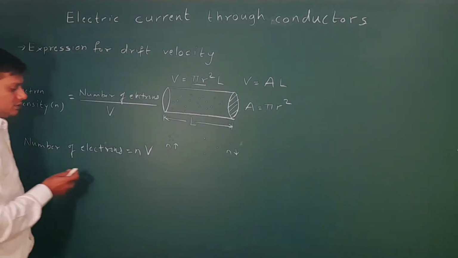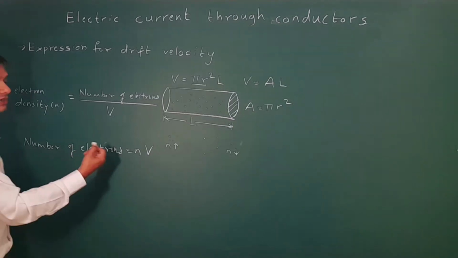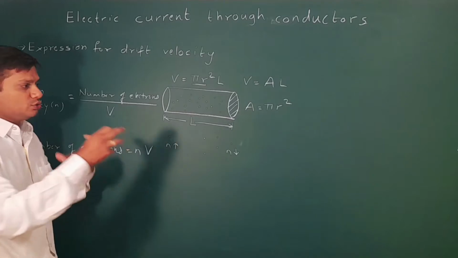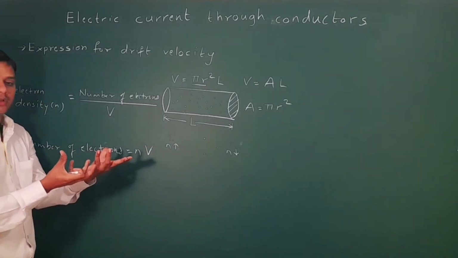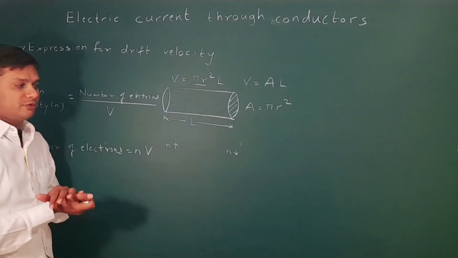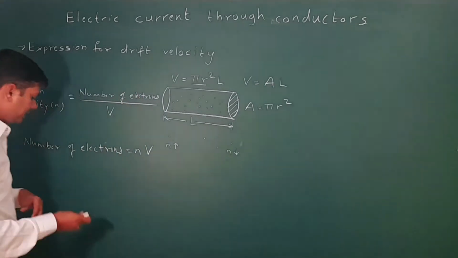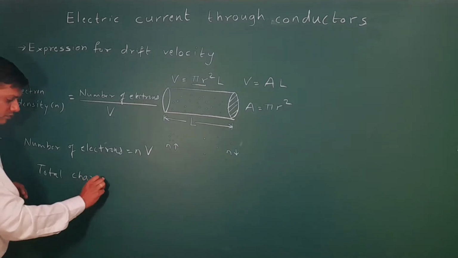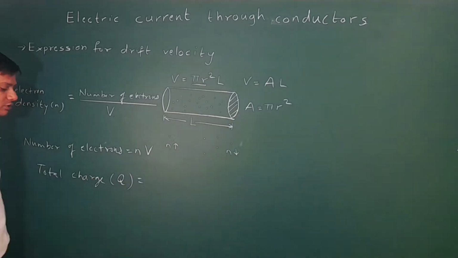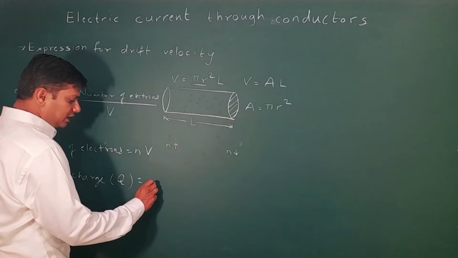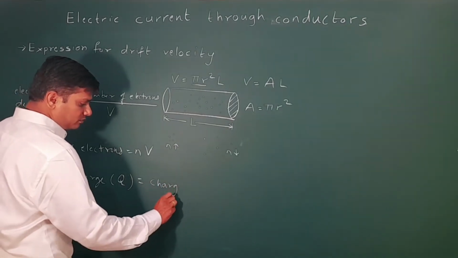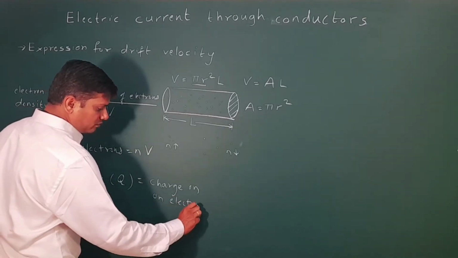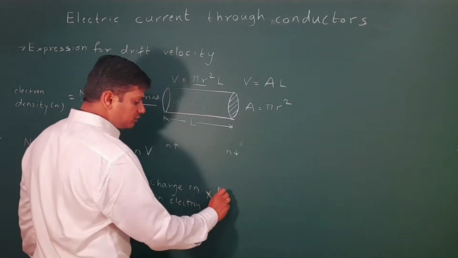Now here we are talking about the number of free electrons. Each electron has some charge, so the total charge flowing when the battery is connected can be obtained by total charge is equal to charge on one electron multiplied by number of electrons.